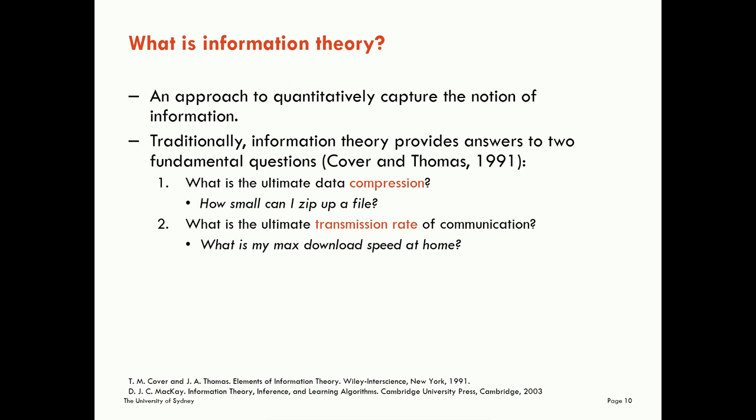Firstly, what's the ultimate data compression? That is to say, how small can we zip up a given file? How much can we compress it? How much information is actually there? The second fundamental question information theory asks is, what is the ultimate transmission rate of communication? So what's the maximum download speed I have over my telephone line at home, for example?